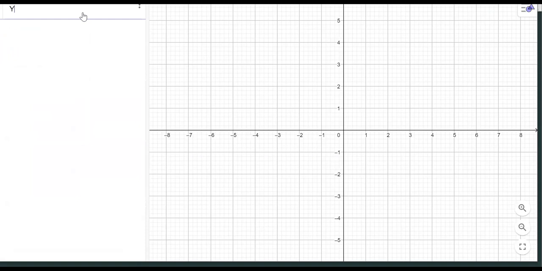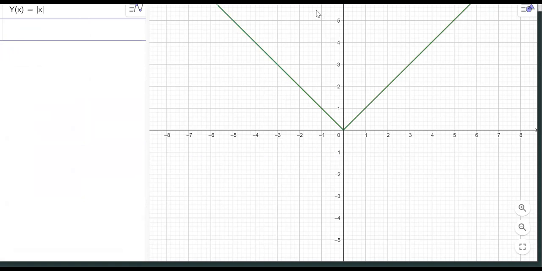This is the graph of y equal to modulus of x. It has a sharp corner. It is continuous because you do not have to lift your pen to draw it. There is no gap. But it has a sharp corner at 0.